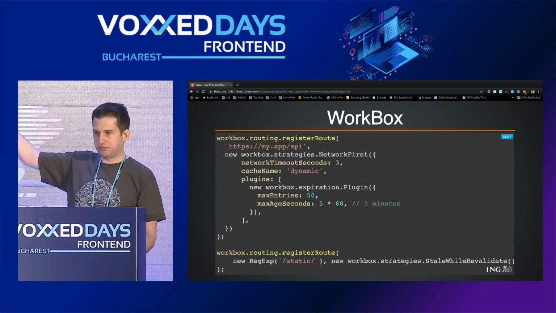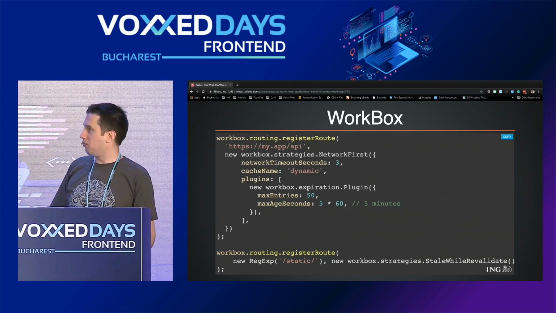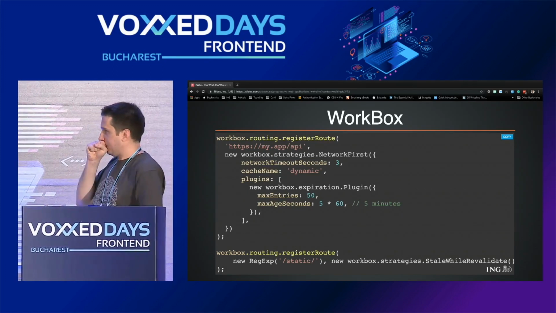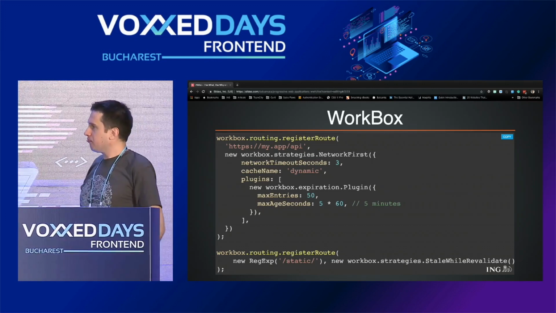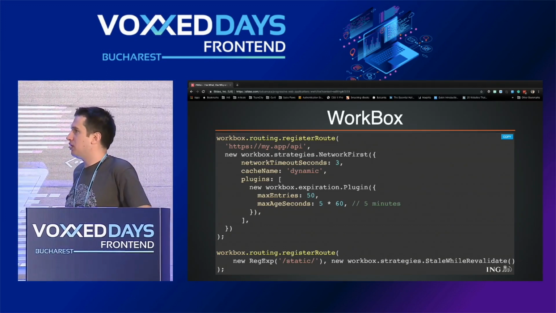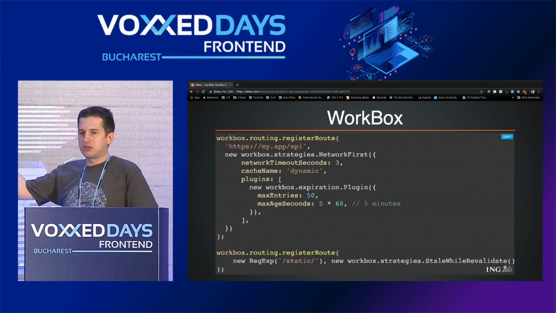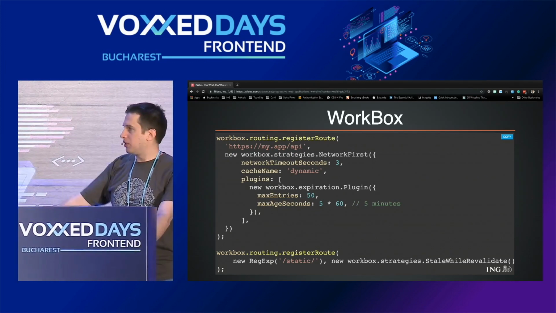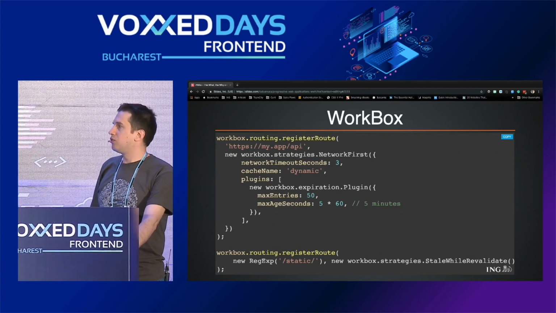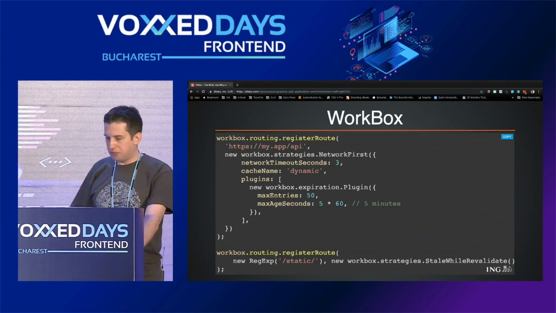I had like 10, I guess. What about API calls? Let's say I want the network to time out in 3 seconds, and more than that, I also want to have an expiration, which I didn't have before. But with plugins in Workbox, you could do that pretty easily.